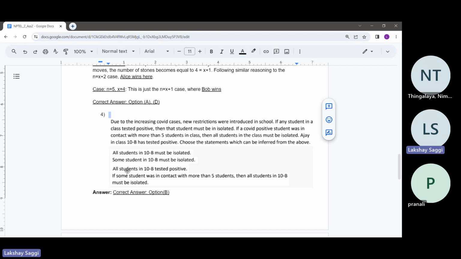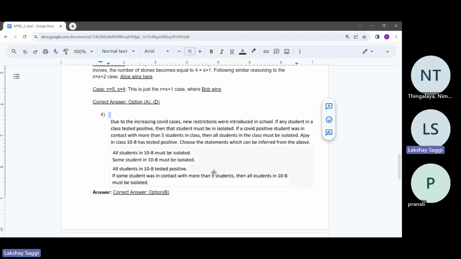But in this option D, we don't know for sure whether Ajay came in contact with more than 5 students, right? If we knew for sure from the abstract that Ajay was in contact with 5 students, then we could have replaced this "some student" by Ajay. But here we don't know whether Ajay came in contact. Maybe Ajay came in contact, or maybe Rajiv came in contact with 5 students or anyone. And that's why we can't say for sure that all the students must be isolated.